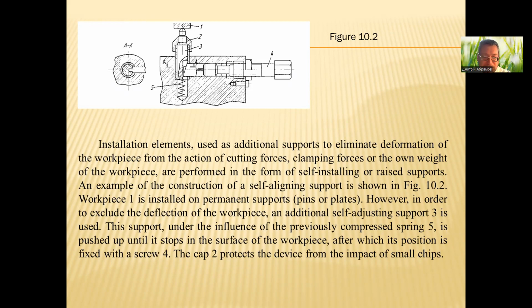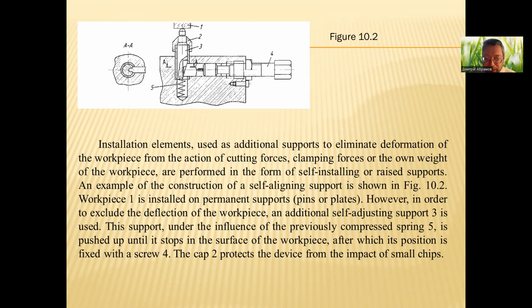Workpiece 1 is installed on permanent support pins or plates. However, in order to exclude the deflection of the workpiece, an additional self-adjusting support 3 is used. This support, under the influence of the previously compressed spring 5, is pushed up until it stops in the surface of the workpiece, after which its position is fixed with a screw 4.